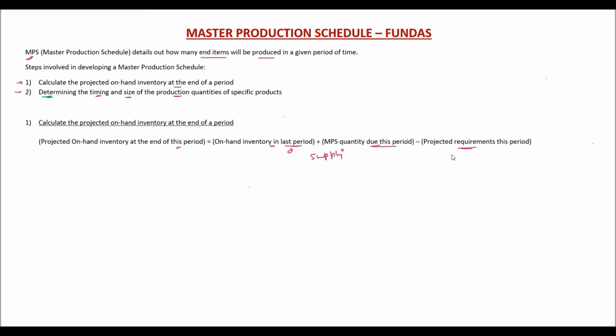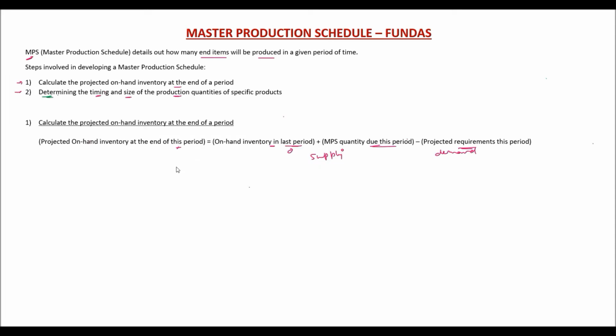That means how much do we need to ship to the customer. So this is your demand. So in a sense, you are taking all the supply available which can give you the inventory for that period, and then you are subtracting the demand, and that will give you the projected on-hand inventory at the end of this period. So this is the formula.